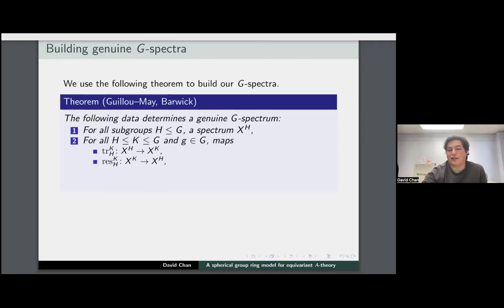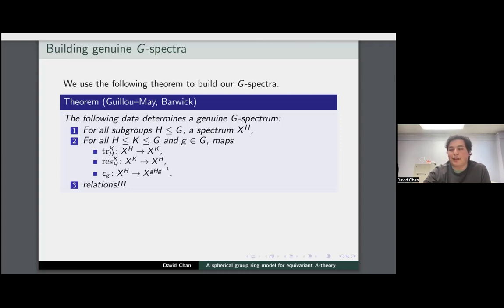I need the restriction, X_K to X_H. And c_g, the conjugation, which takes X_H to X_{gHg^-1}. And third, relations. There's a ton of relations, and I don't want to write them down, but of course they can't all be the zero map. The transfers need to be associative in the way that you expect, and the restrictions need to be associative in the way that you expect. And then there are some interplay laws between the transfers, the restrictions, and the conjugations.